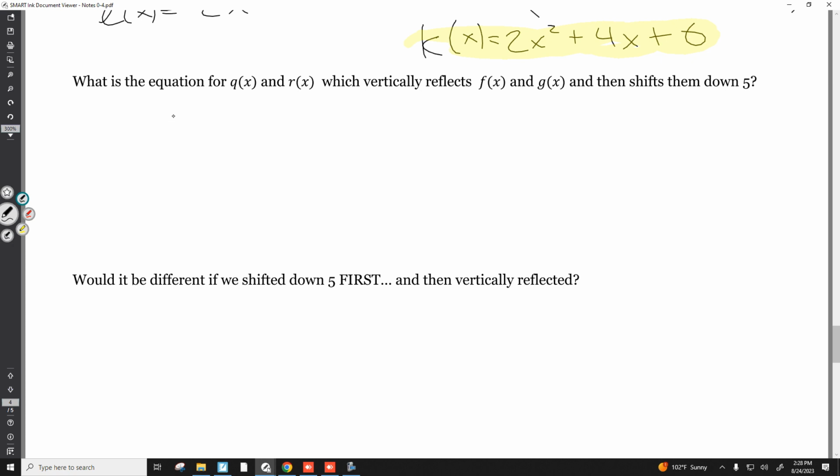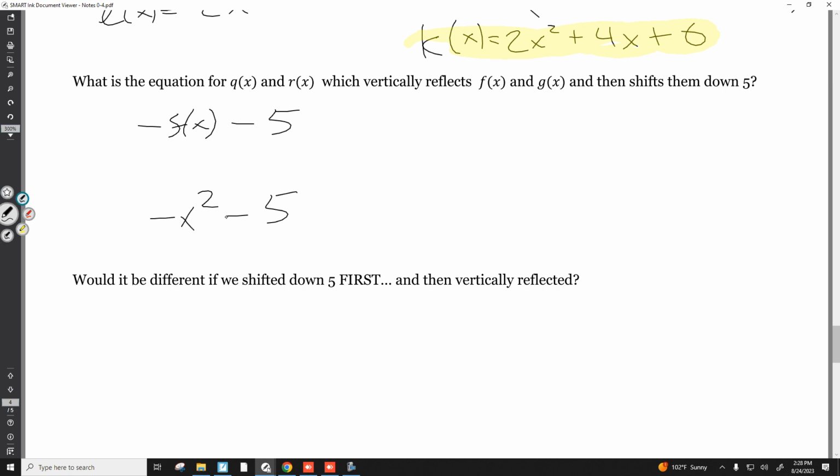We take f. We vertically reflect it. Then we shift it down 5.